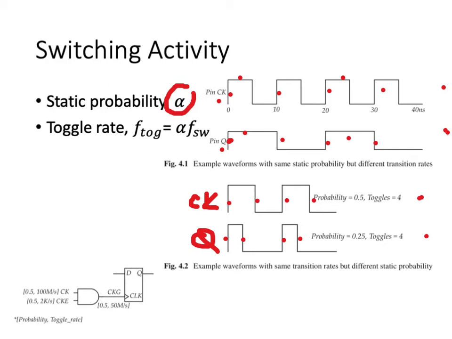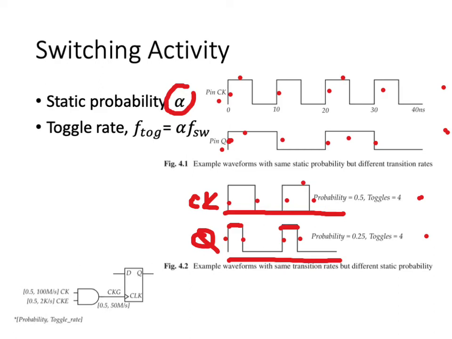But CK has a static probability alpha of 0.5, because out of the total duration of time here, 50% of the time is spent in logic 1, whereas in Q the probability is only 0.25, because out of the total duration of time under study, 25% of the time the signal is in logic high.